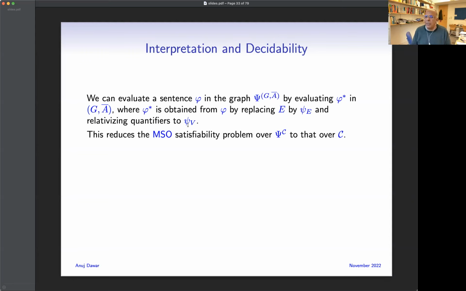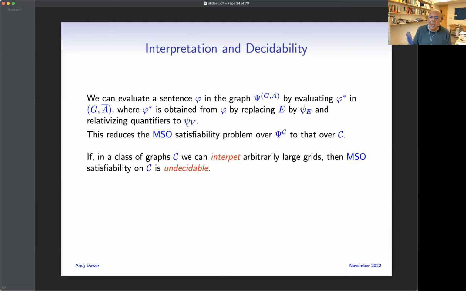And this reduces the MSO satisfiability problem over the interpreted class to satisfiability over C, which means that since I showed you that these planar grids have undecidable MSO satisfiability, then in any class of graphs in which you can interpret arbitrarily large grids, MSO satisfiability is undecidable.